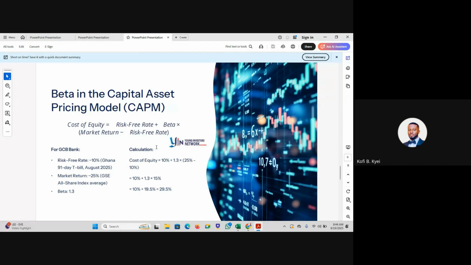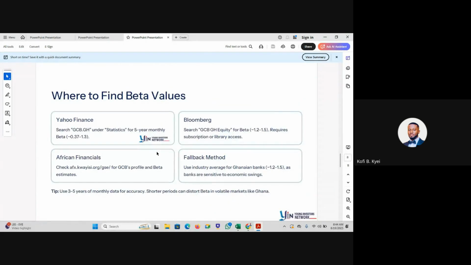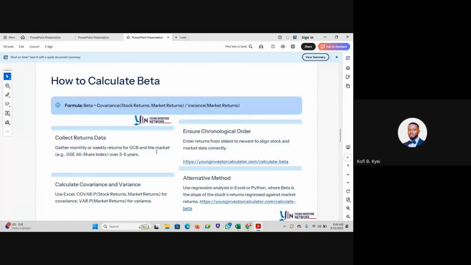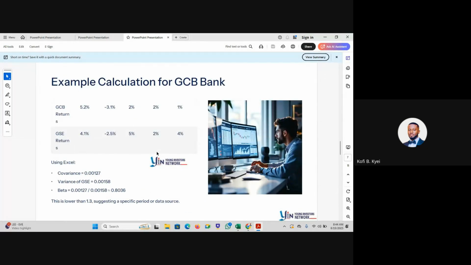All right, so for beta, what are the components? We are looking at market return and the company return. If the mother company is making some decisions that will impact the company, the market return is separate. So what will impact the company MTN?